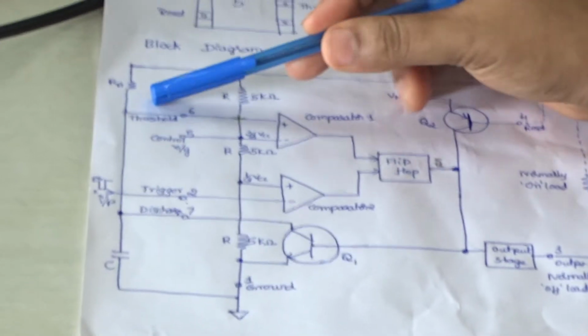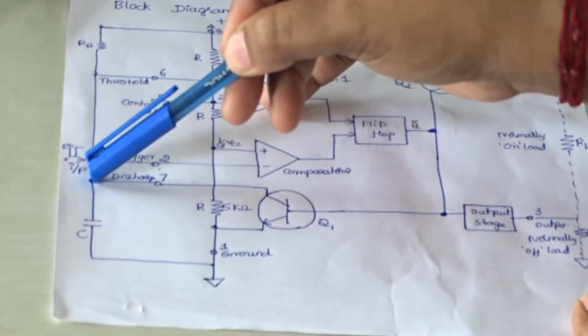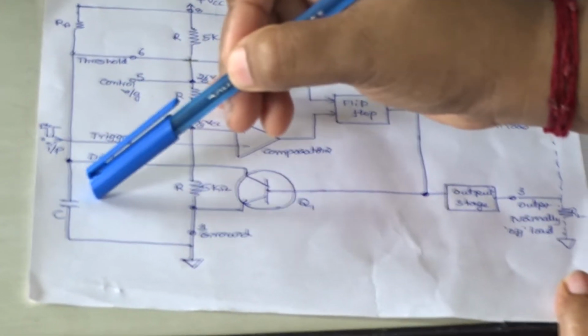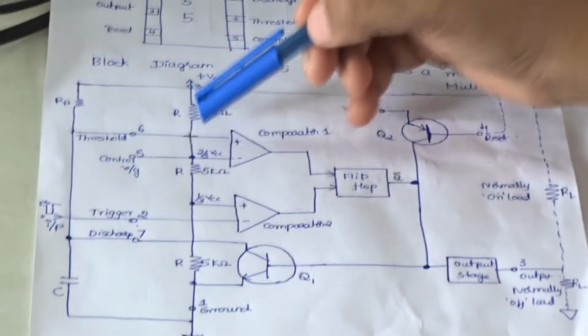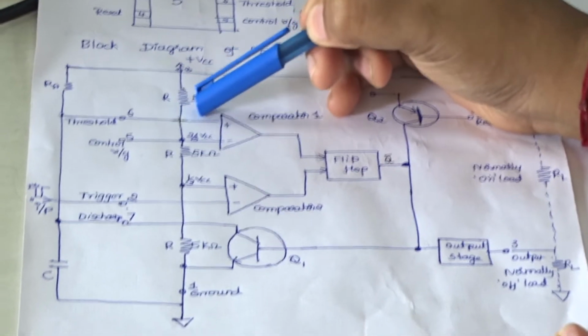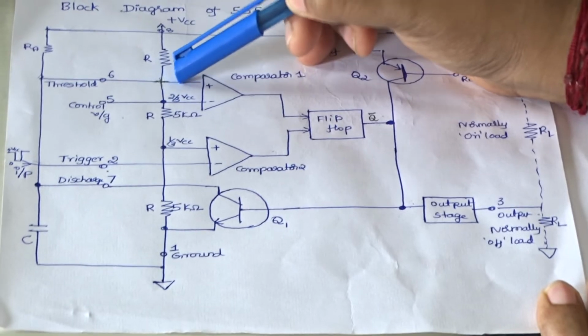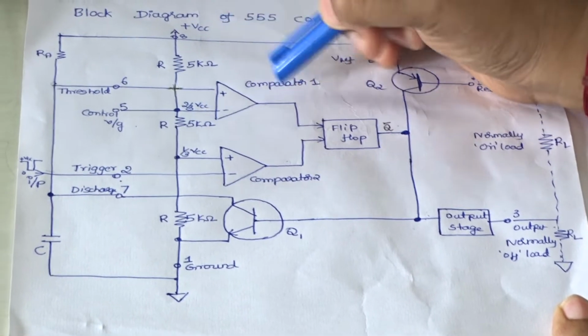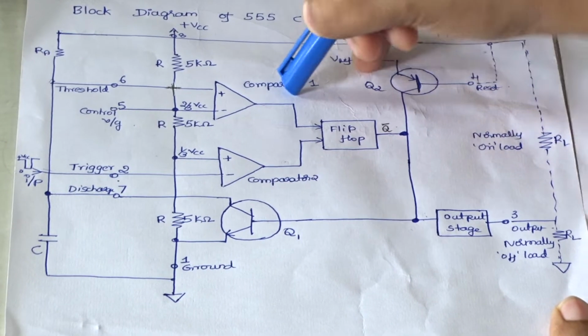What are the inputs to this comparator? One is threshold. The threshold pin is shorted to this terminal. So when the voltage across C becomes 2/3 VCC, at this pin we now have 2/3 VCC. When these two are equal, the output will be 0. When this goes beyond 2/3 VCC, the output of the comparator will become high.